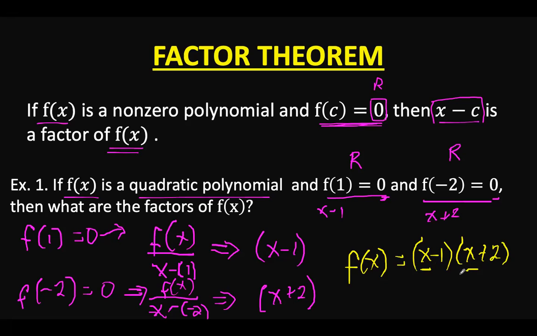So therefore, eto na yung dalawa ang factors ng polynomial function f of x. Wala nang iba. Pero hindi natin alam kung ano yung coefficient ni x square. Kaya kailangan natin lagyan ng a dito. Okay? Where a is not equal to 0. Okay? So, since ang hinahanap lang naman ay factors, pwede nating sabihin na ang factors ay x minus 1 at x plus 2. Nakuha? Okay? I hope malinaw yon.